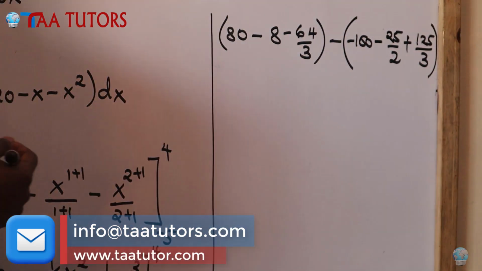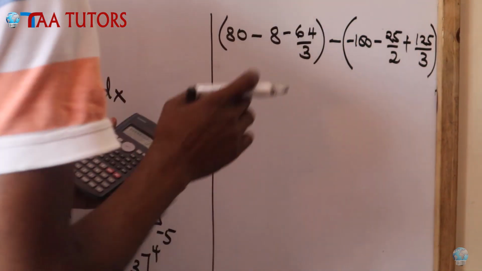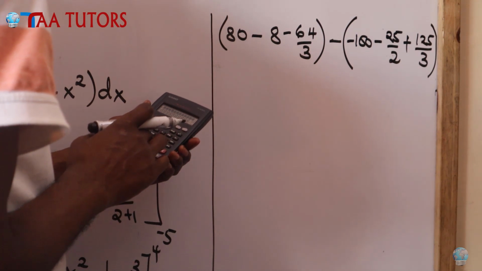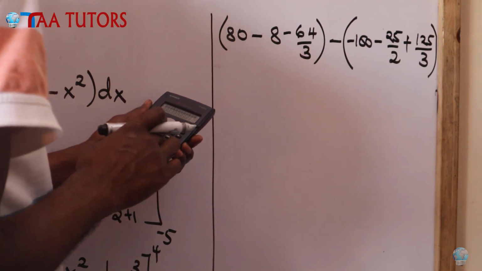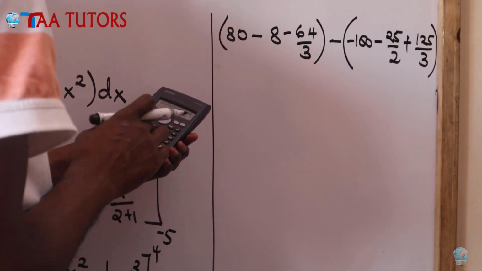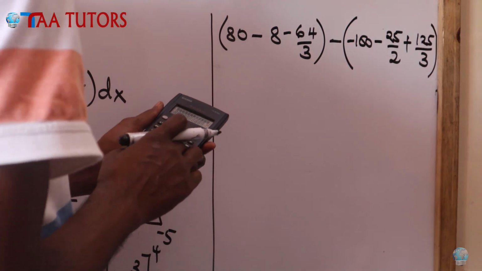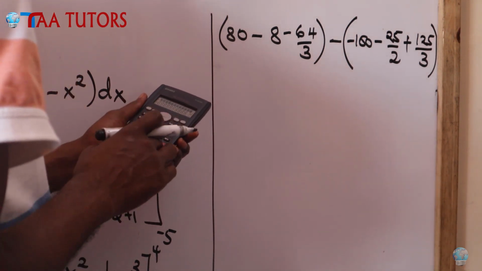That's what we have. So let us see. We have 80 minus 8 minus 64 over 3.